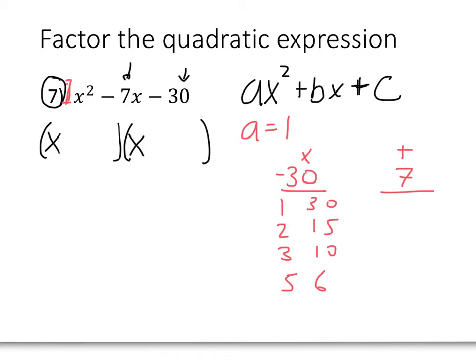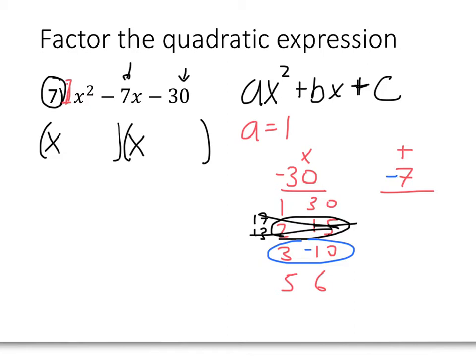For instance, if I was to focus on this 2 and 15 here, I could add those together and get 17. I could subtract them and get 13. So these guys aren't good candidates. They're not going to produce a 7. However, as you can probably already recognize, 3 and 10 could definitely produce a negative 7 if I had a negative 10.